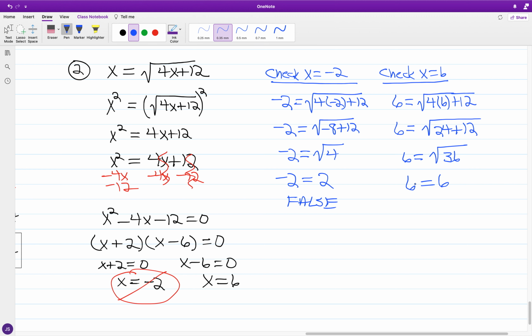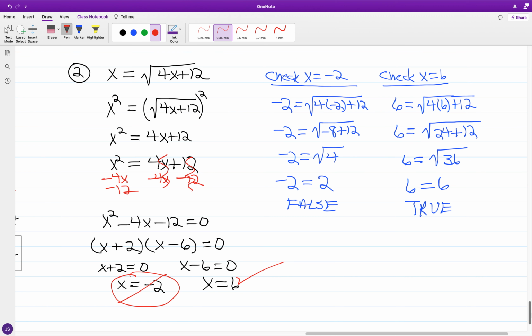So we have 6 is equal to 6. That is true. So where negative 2 comes up short, x equal to 6 ends up meeting all the requirements. It comes through all parameters and does check out. So we have one solution for this particular case, and that is the number 6.